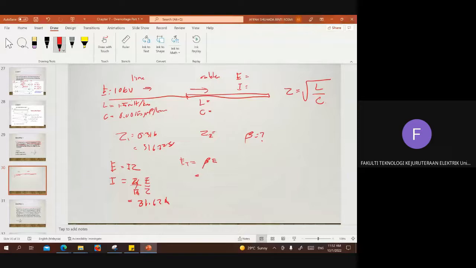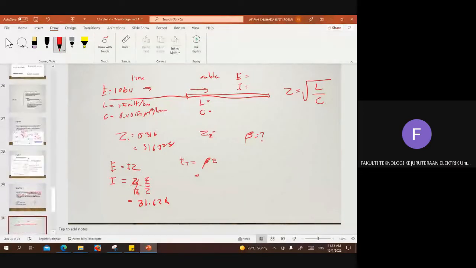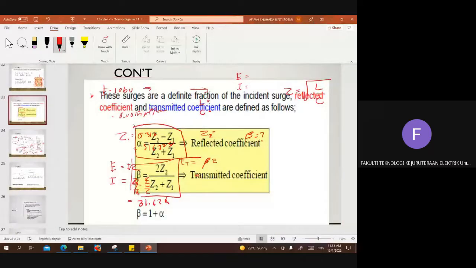Apa yang tak tahu ni? Nusaibah tak tahu yang mana? Kan kat atas tadi saya dah terangkan dah tadi. Dekat sini, kalau reflected nilai alpha, kalau transmitted nilai beta.